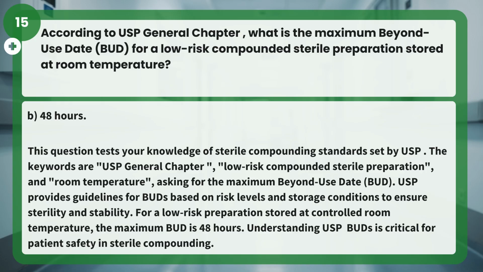USP <797> provides guidelines for BUDs based on risk levels and storage conditions to ensure sterility and stability. For a low-risk preparation stored at controlled room temperature, the maximum BUD is 48 hours. Understanding USP <797> BUDs is critical for patient safety in sterile compounding.